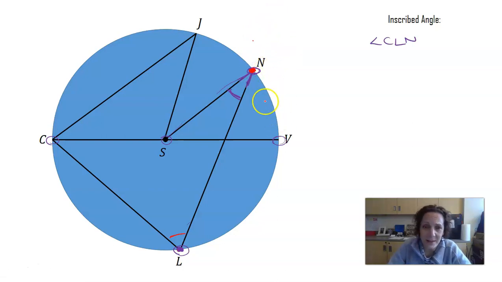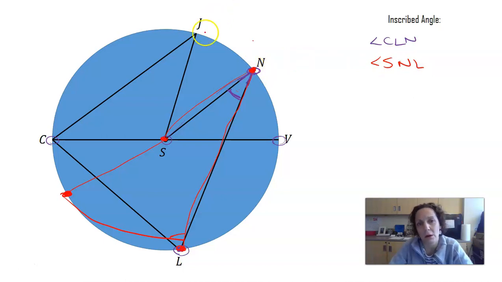Now, I'm asking that because look, it comes all the way out and touches the circle here, but on this side, it doesn't. But if we continued this, it would create an arc on this side. So that's technically still an inscribed angle. So I'm going to call it S, N, L. As long as N is in the middle, I'm good to go.